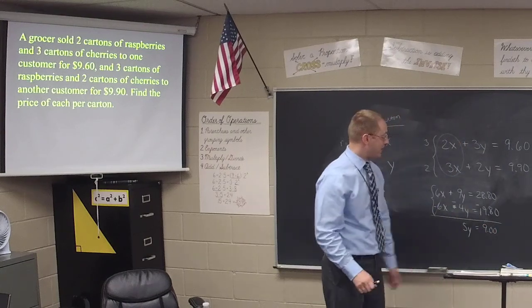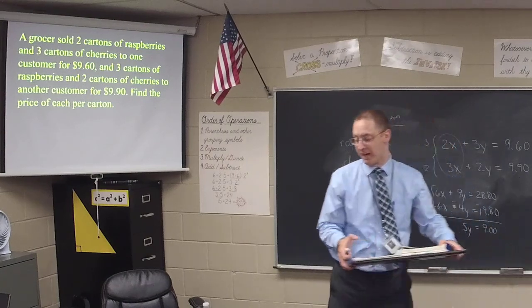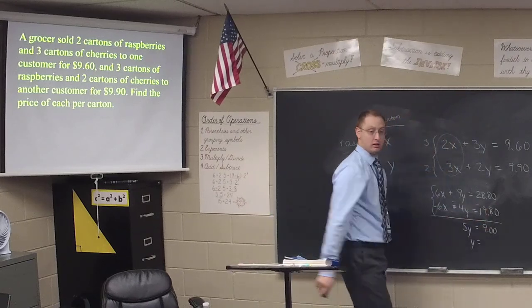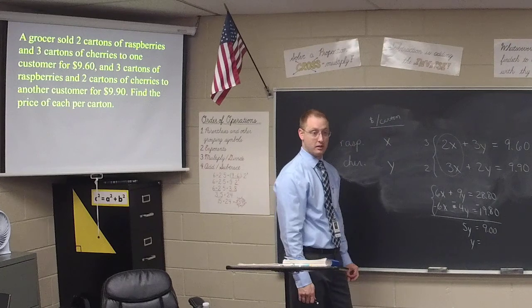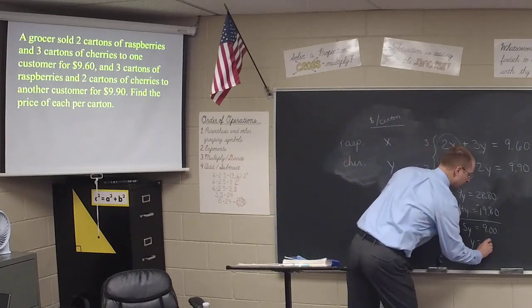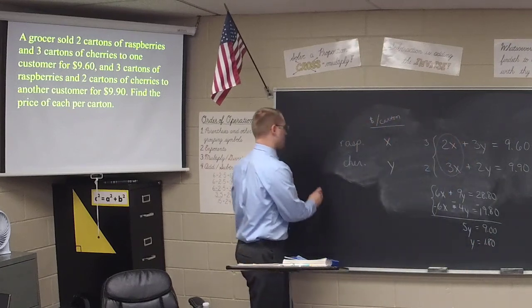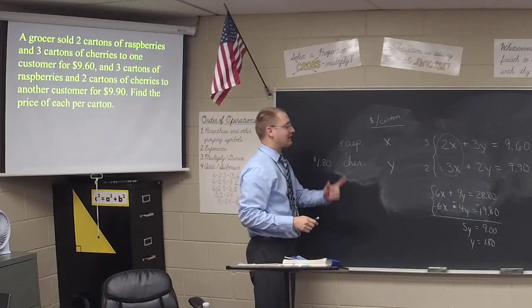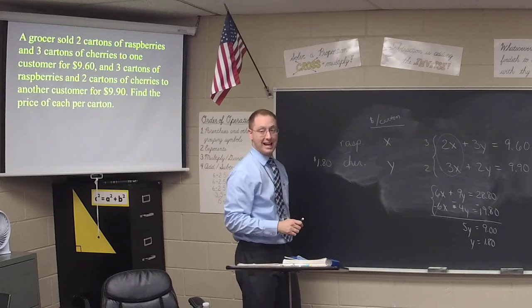And of course, we got to divide that by 5. Anyone, when you divide $9 by 5, what do you get? $1.80. So apparently that's the cost for a carton of cherries. How do I go back now and find out how much it is for a carton of raspberries, Brecken?